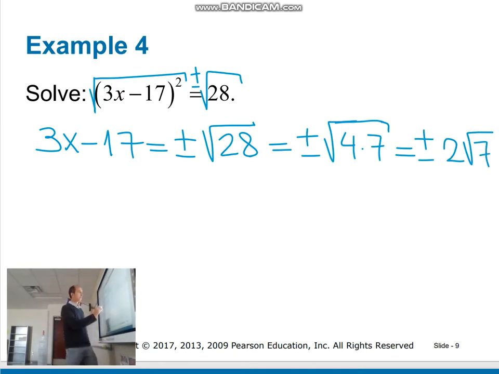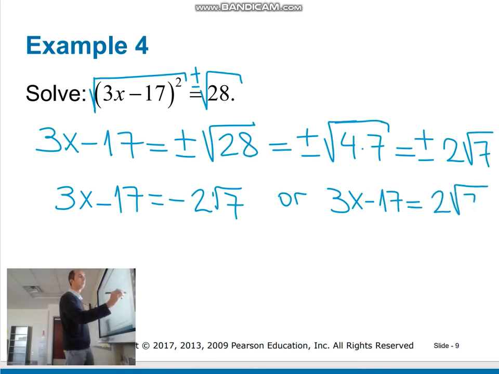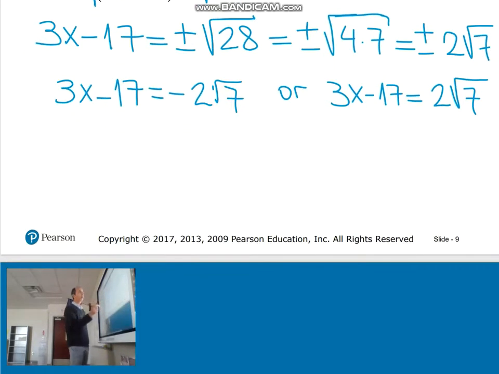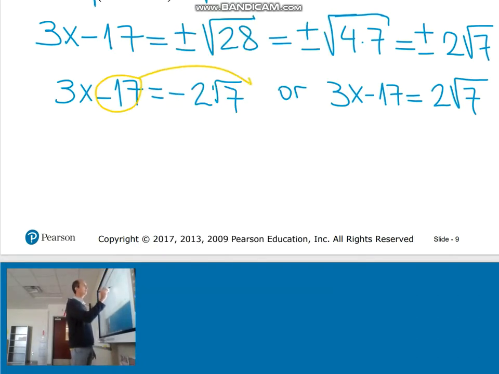So the answer is going to be 3x minus 17 equals negative 2 square root of 7, or 3x minus 17 equals positive 2 square root of 7. Apply the addition property, so you're going to move this to the other side, it becomes a positive. Same thing, becomes a positive.